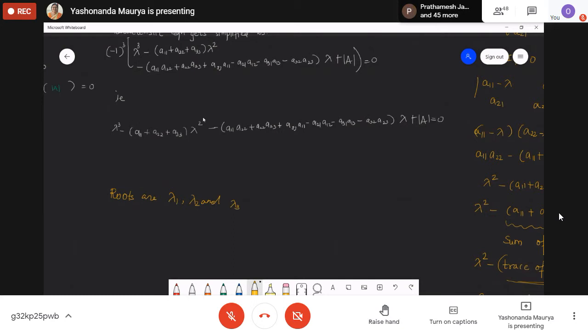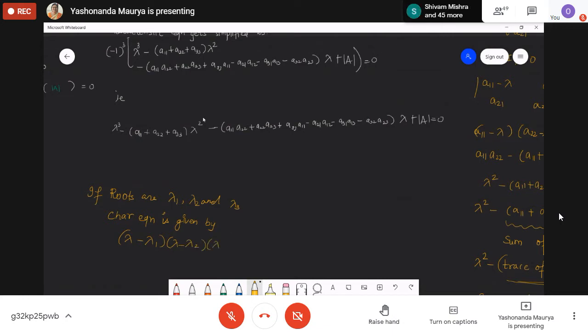Then the characteristic equation is given by lambda minus lambda 1. The equation will be in terms of lambda because we have that parameter, and the roots we are denoting by lambda i's.